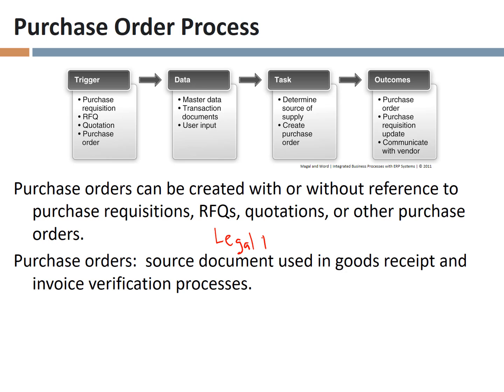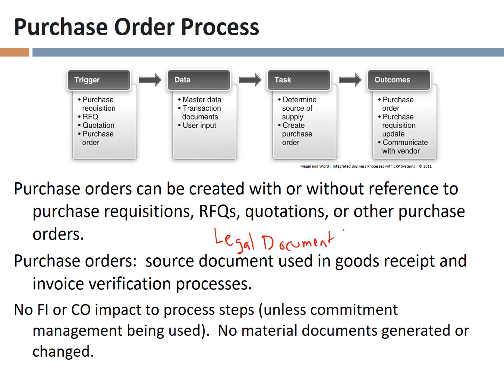A purchase order is also a legal document that represents a legal obligation on my part if I send it to a vendor and the vendor accepts and acts on that. So once again, whereas the purchasing requisition was just for my own internal benefit, the purchase order has much stronger standing in the overall scope of business processes.